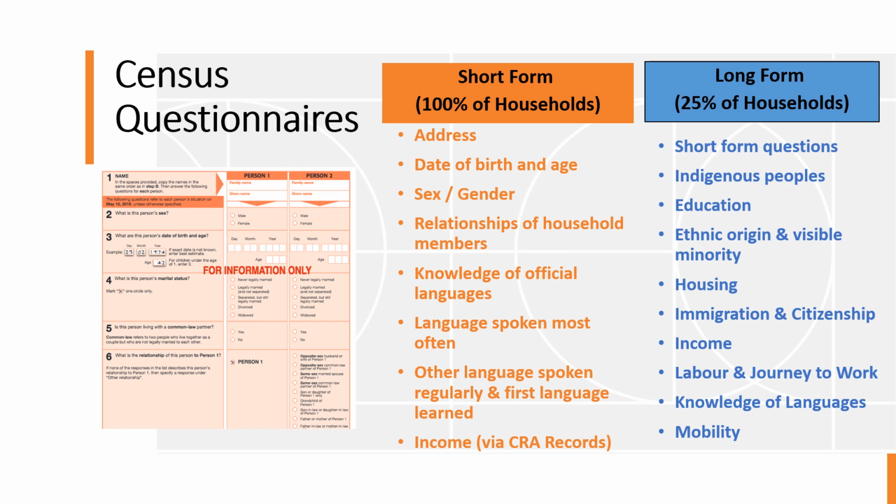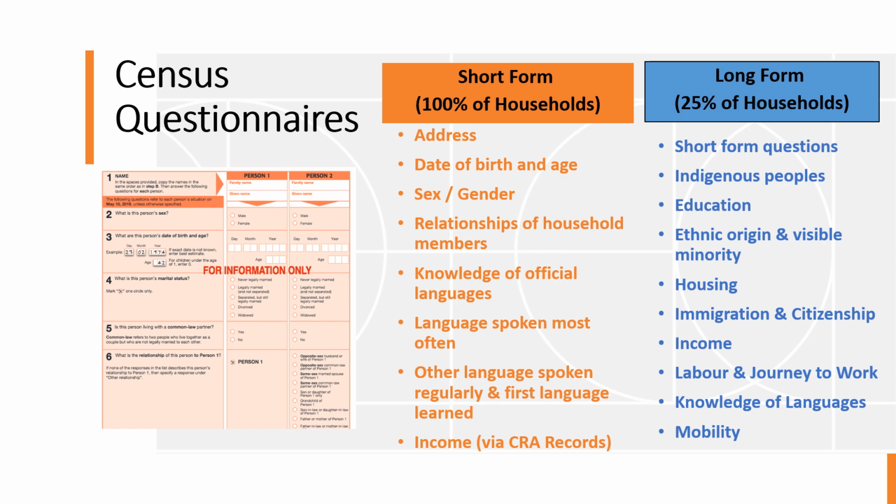The long-form census questionnaire goes to 25% of households. The long form asks the same questions as the short form, but then it also asks more detailed questions about ethnicity, visible minorities, Indigenous peoples, education, housing, immigration, income, labor, how you get to work, knowledge of languages, mobility, and more.